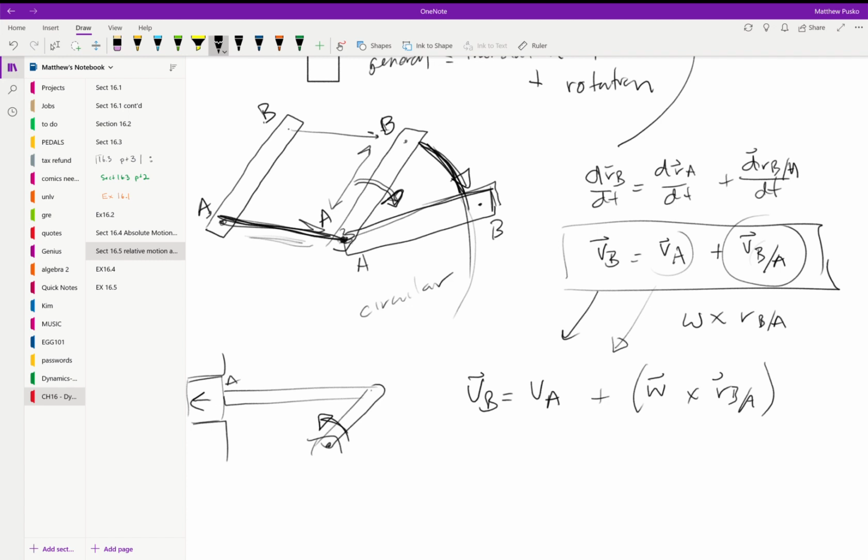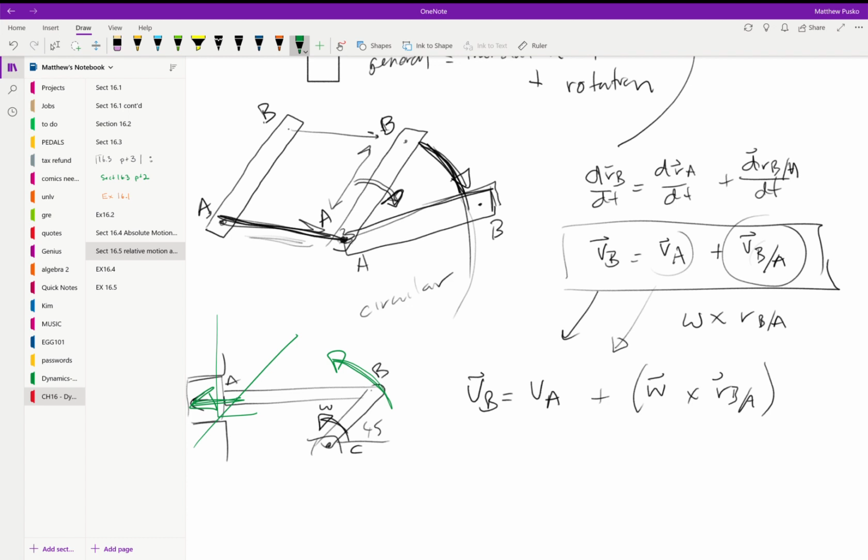We know where points A and B are and C, and using what angle we're at, using the omega that we know, and using our position vectors, we can describe the motion. So A in this case is fixed to move horizontally while B moves in a horizontal path. So A would be our translating reference point in this one.